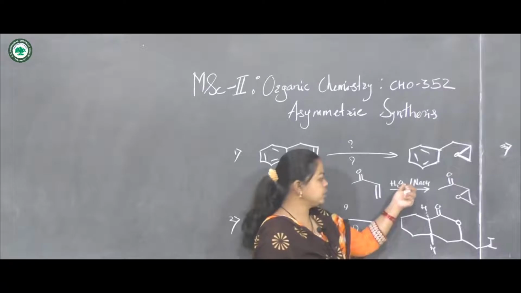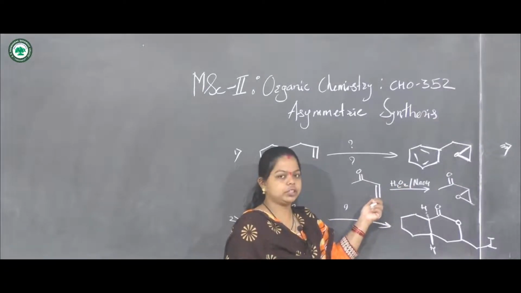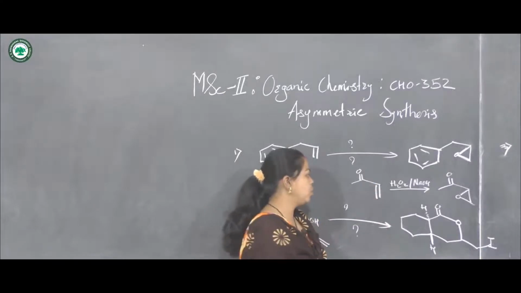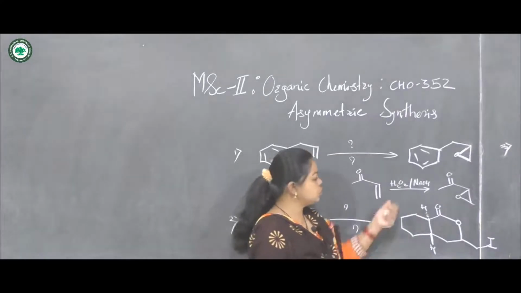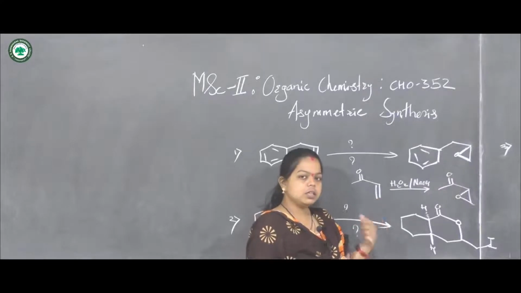So this reagent is suitable for the oxidation of alpha beta unsaturated carbonyl compounds so that this double bond can be oxidized to the corresponding epoxide. This reagent is selective for the alpha beta unsaturated carbonyl compound.